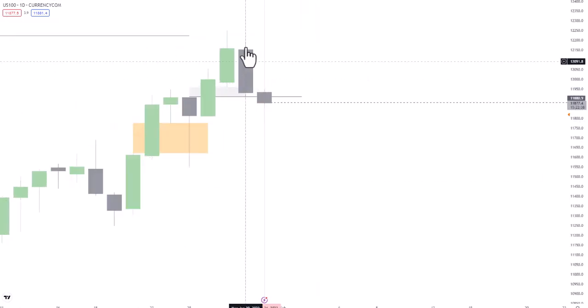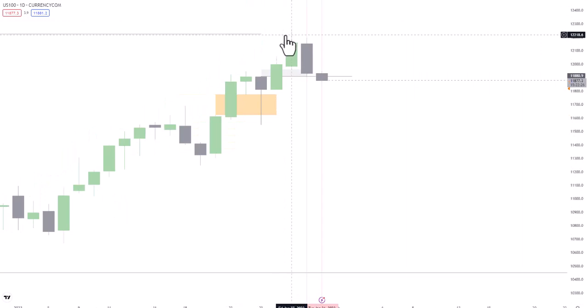I expect price to refill that imbalance, then run forward to continue its course toward the buy side liquidity. This is creating relative equal highs, which price prioritizes very well, and I'm expecting price to take that out.